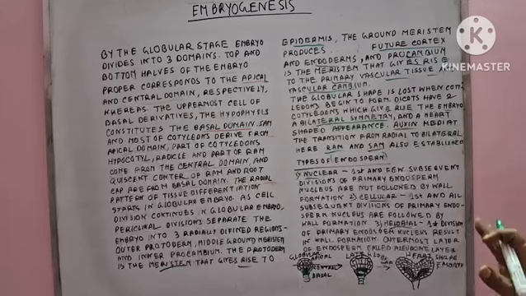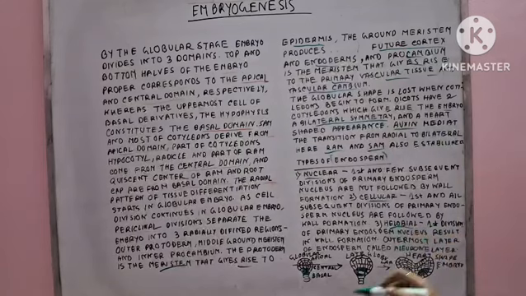And one important thing is that the outermost layer of the endosperm is called the aleurone layer, and this aleurone layer contains some aleurone granules. Clear?